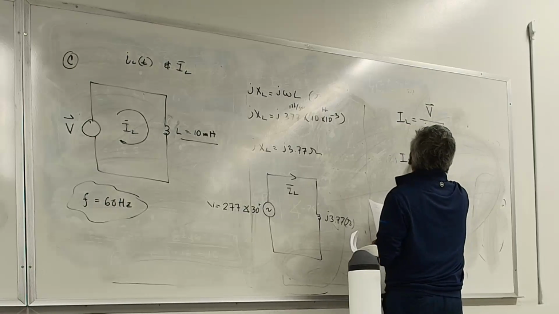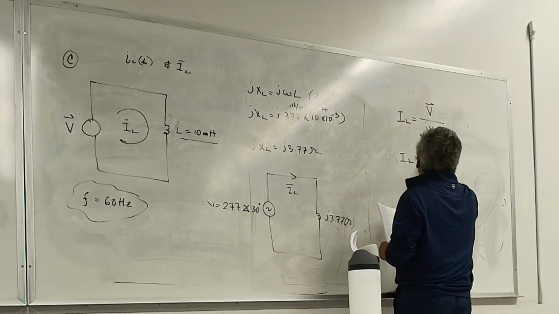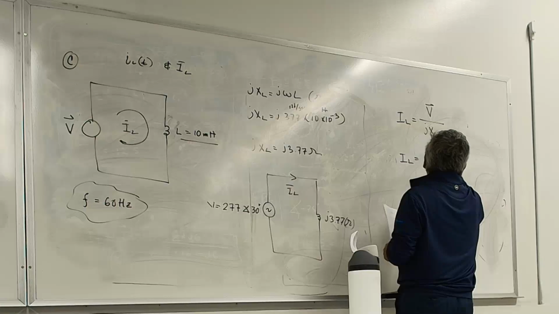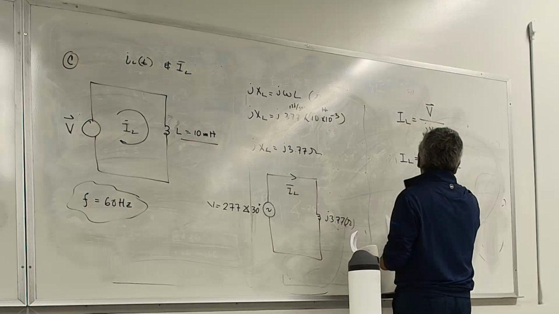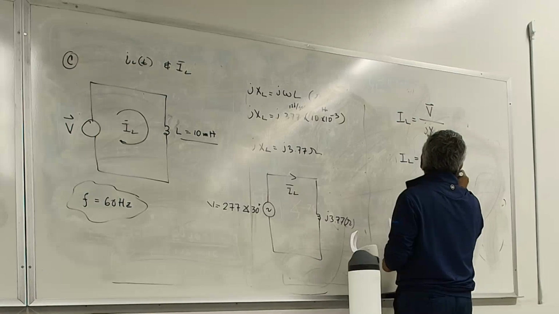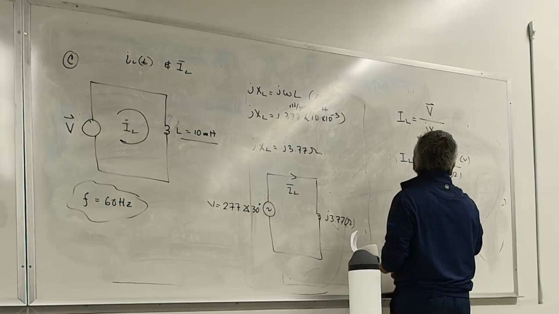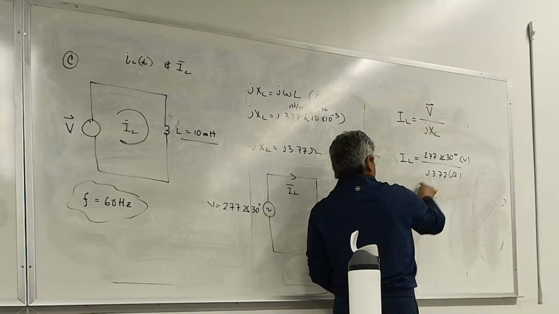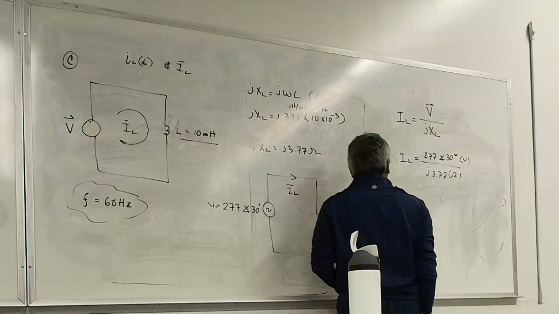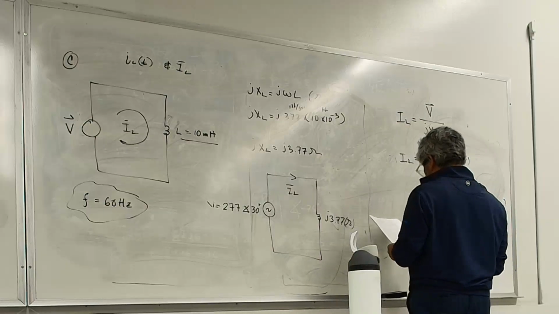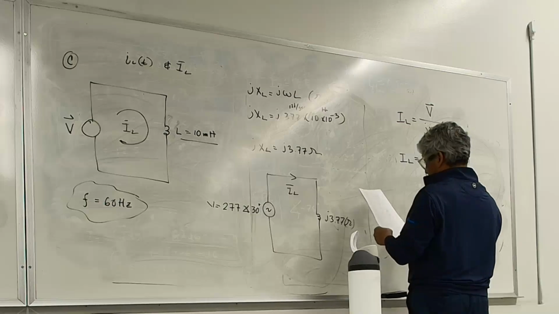So IL is equal to 277 angle 30 degrees divided by j3.77 ohms, and this is in volts. Or you can write it as 3.77 angle 90 degrees; whichever way, polar or rectangular, it doesn't matter how you write it or enter it in your calculator.